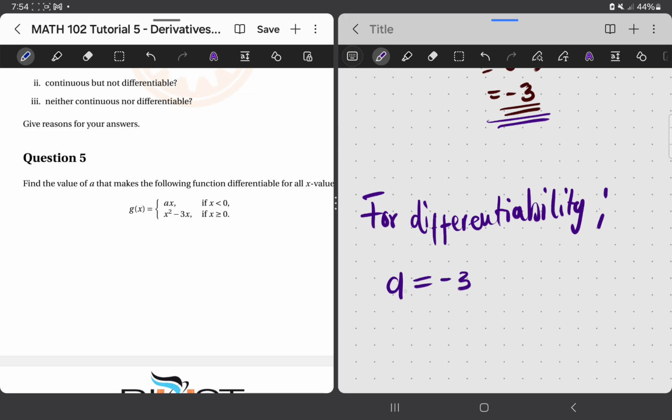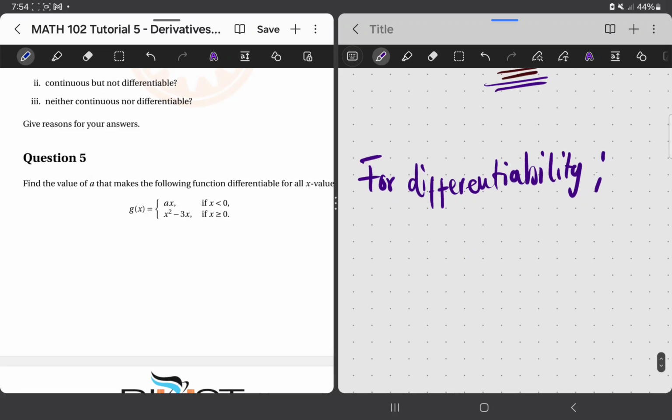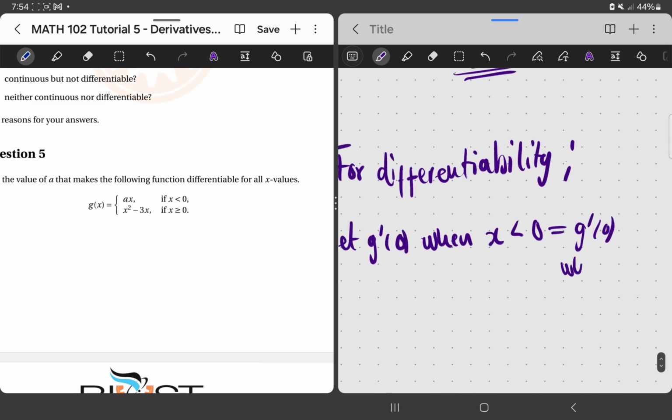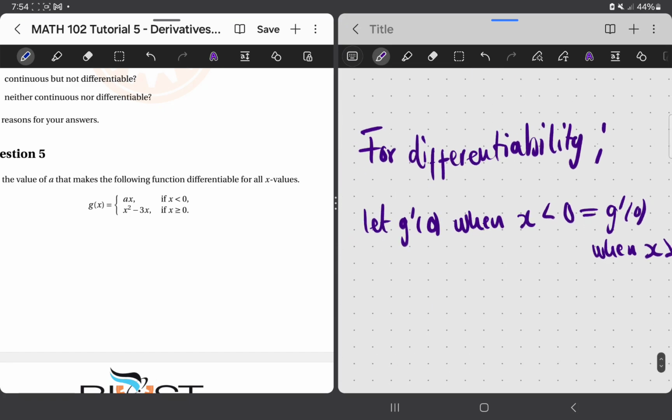For differentiability, let g prime of 0 when x is less than 0 be equal to g prime of 0 when x is greater than 0. Okay, which means a is going to be negative 3, and this is your final solution.